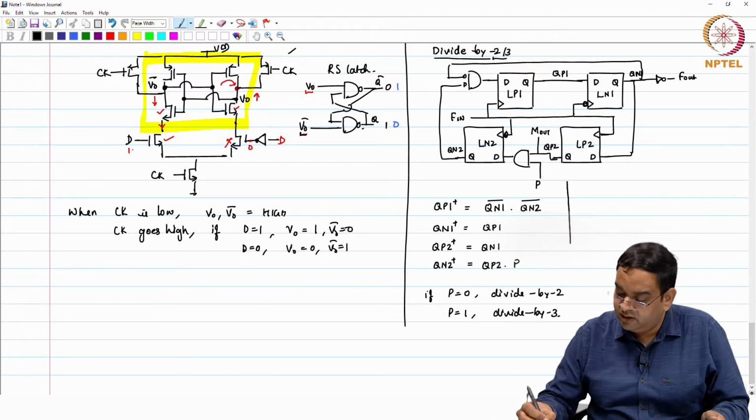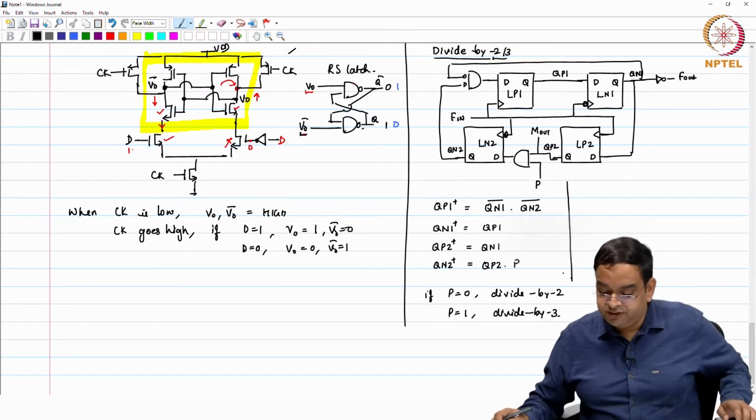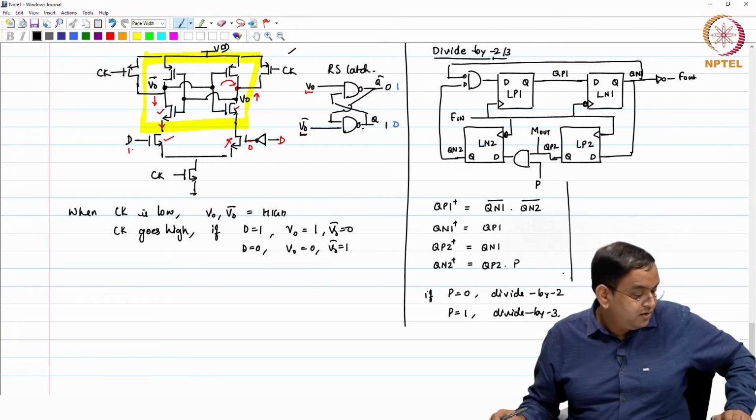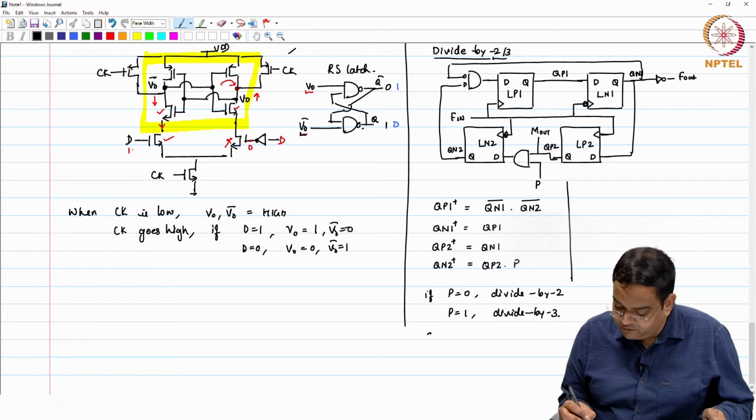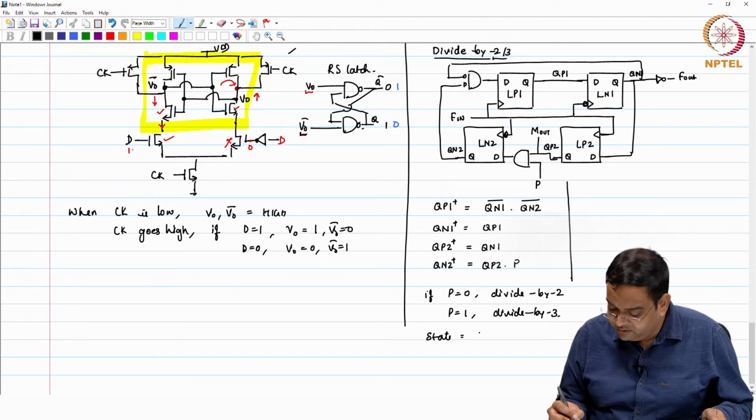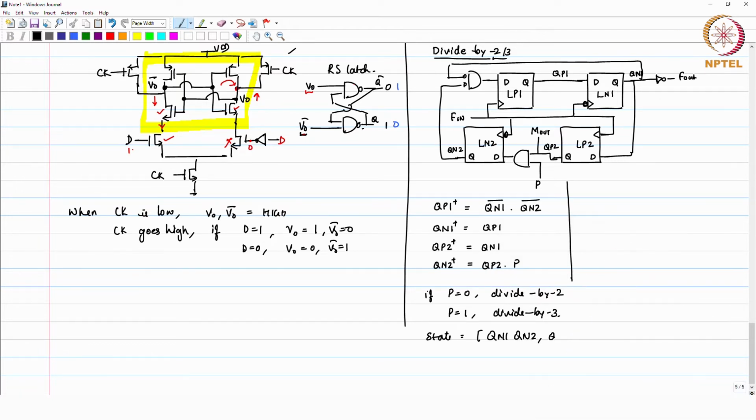Let us look at the state machine for this. So, to begin with, let us choose these states. Let me define the state first. So, the state is Qn1, Qn2, Qp1 and Qp2. These are the states. Okay.